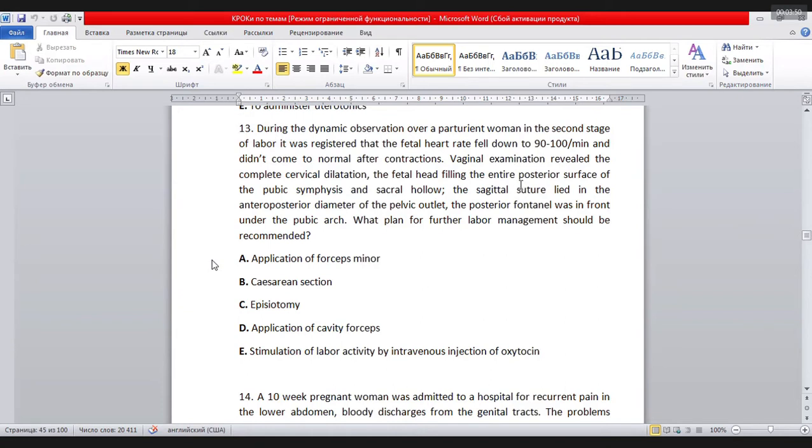It means the fetal head is in the cavity of the pelvis. Stimulation of labor activity can only aggravate the condition of the fetus because we have severe distress. Yes, bradycardia, the fetus has lost the opportunity to compensate for this decrease of oxygen.